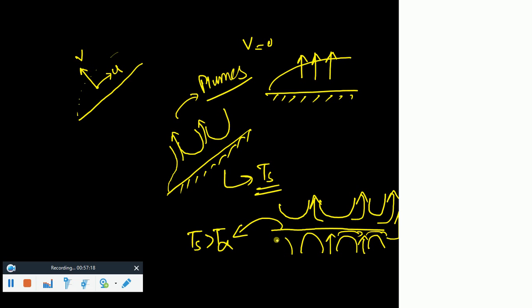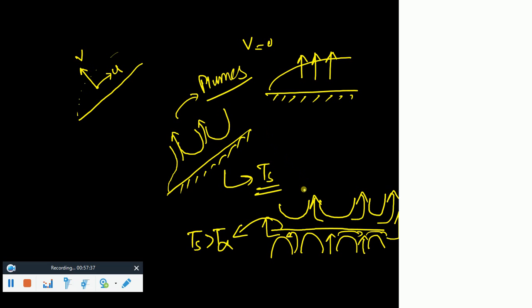So you would only have that classical shape of the boundary layer in what case? Vertical flat plate.